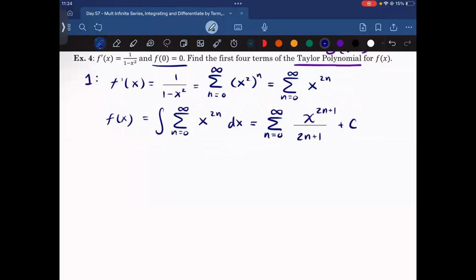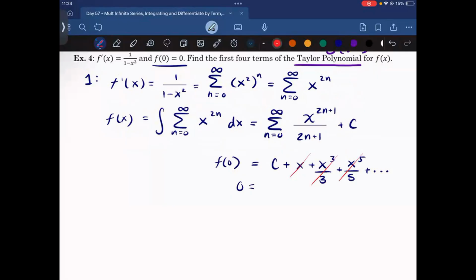We really don't need to do too much work for this one, but if you wanted to pull it out a little bit and try to find what that c value is, pretty easy, right? If we know f of 0 equals 0, then all of these are going to go to 0, so our c is going to equal 0.